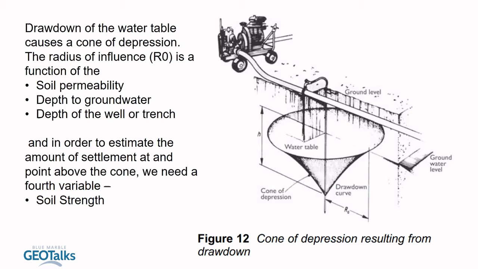A further formula requires another variable, the soil strength, and from this the amount of settlement can be estimated. Whilst there are more detailed theoretical models that exist, the above process, as detailed in CIRIA Guide R113, is used as a first pass, a screening test if you like, and is generally found to be conservative, i.e. it overestimates the settlement effects.